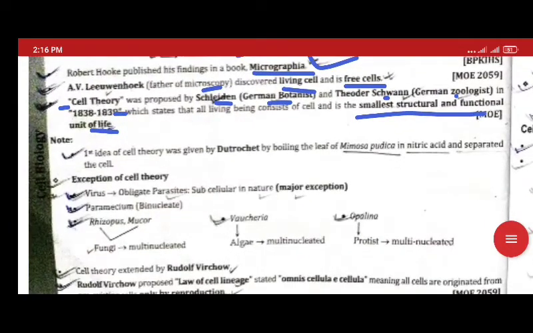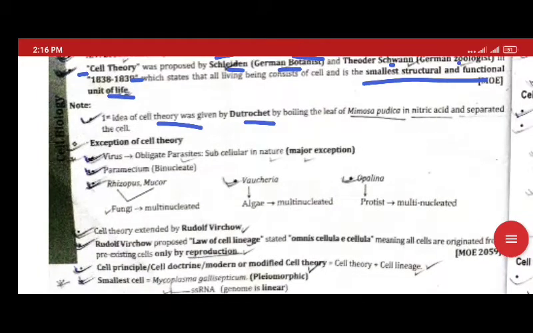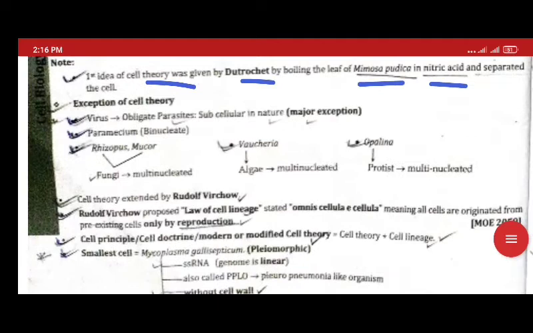So what is a cell according to this definition? The first idea of cell theory was given by Dutrochet on the plant Mimosa pudica, which he put in nitric acid and separated the cells.